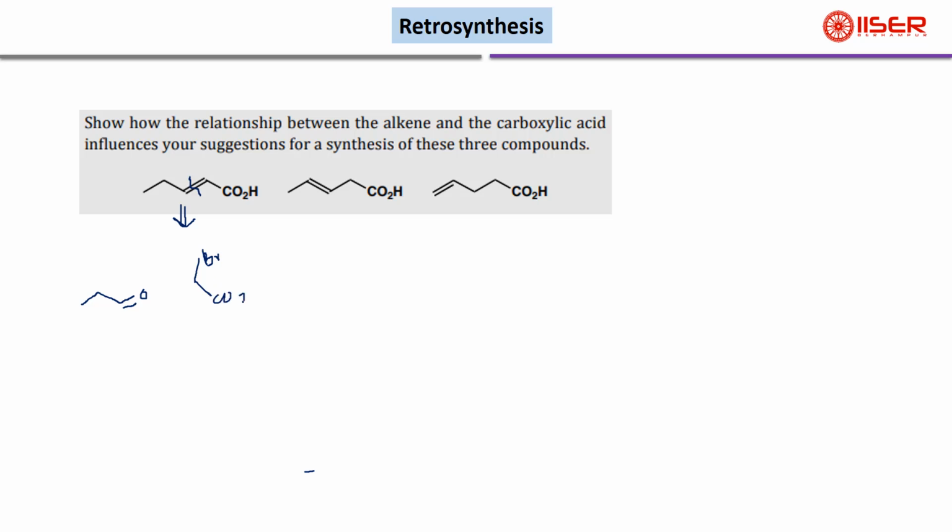So by Reformatsky reaction, we can form one carbon bond at this center, then through elimination of water it will give us this alkene. This is our backward synthesis. So what will be the forward synthesis?